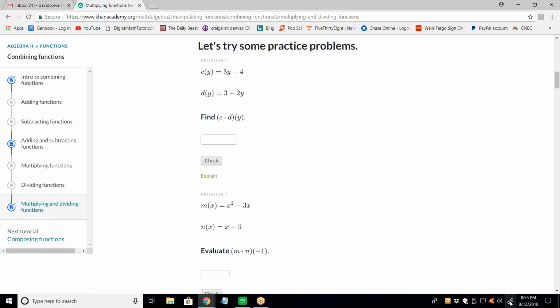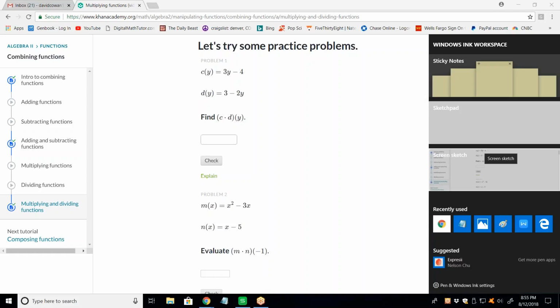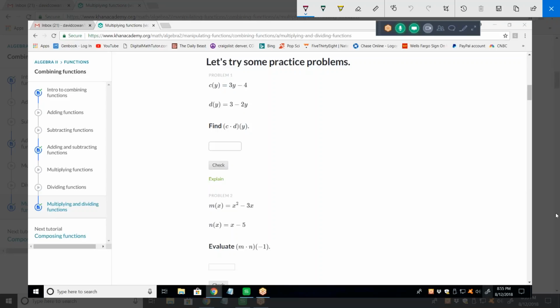Let's do it this way first. So we have 3y minus 4 times 3 minus 2y. Every term by every term. What do you get? So that would be 6y squared.